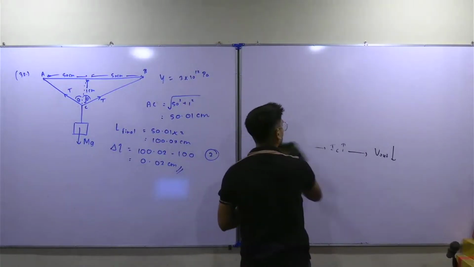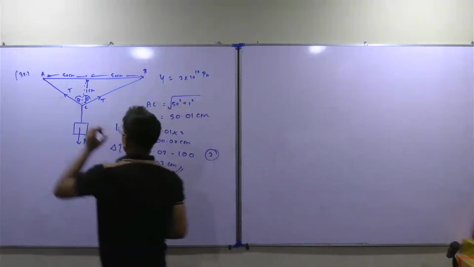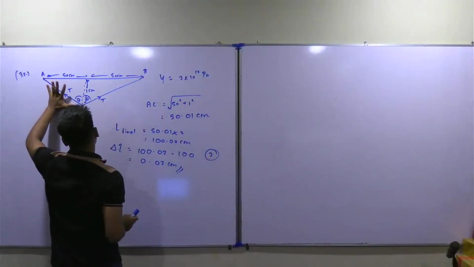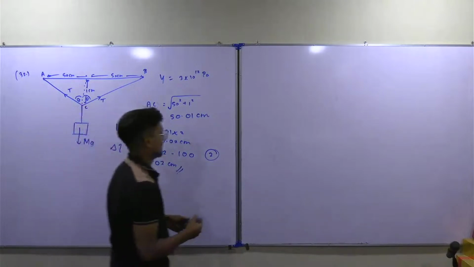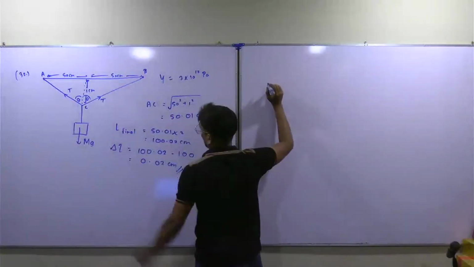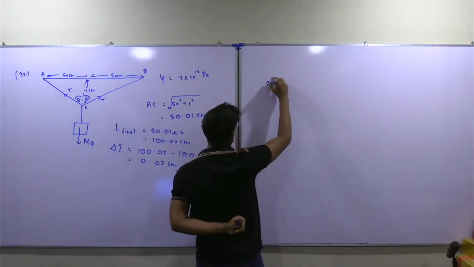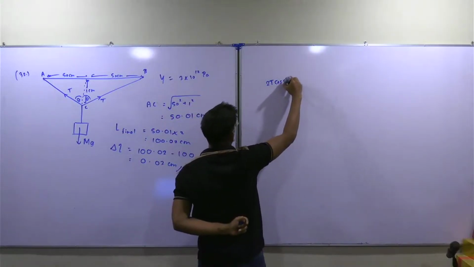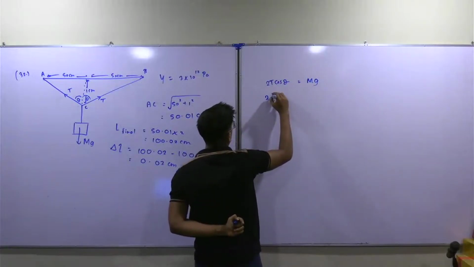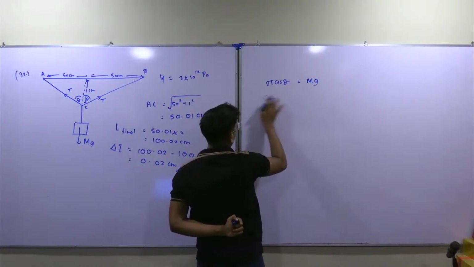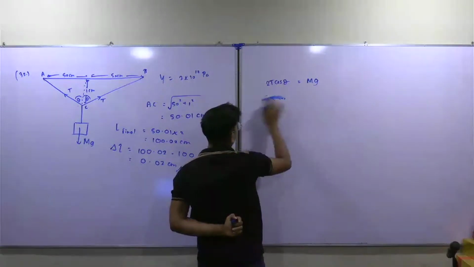If you consider the tension on this section is T, the tension on this section should also be T. Now, by considering the vertical equilibrium of point C, you can write 2T cos theta equals mg.